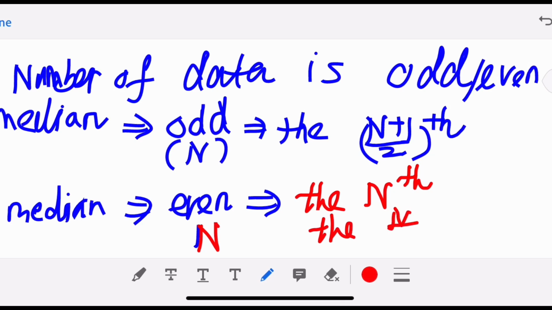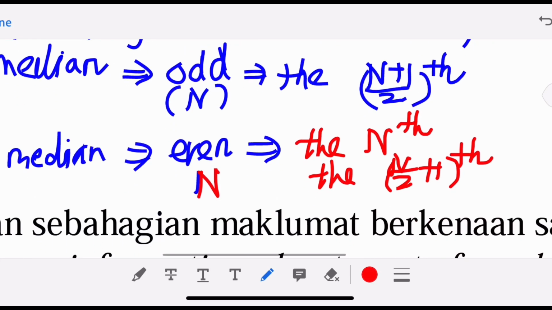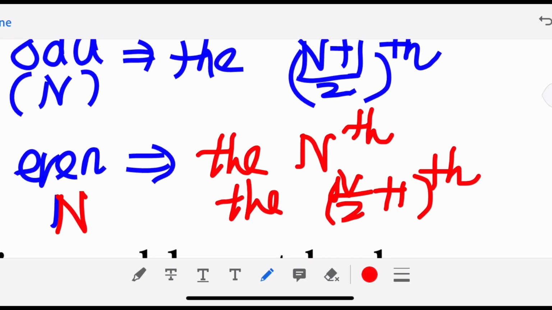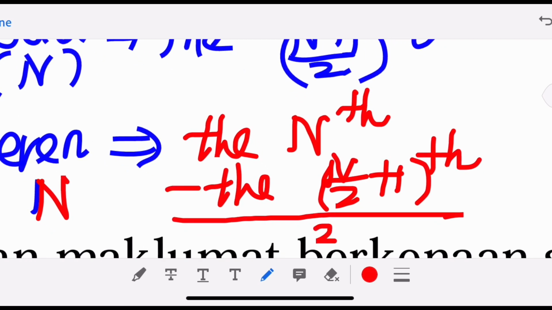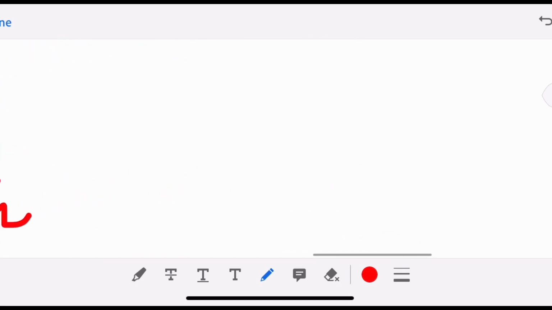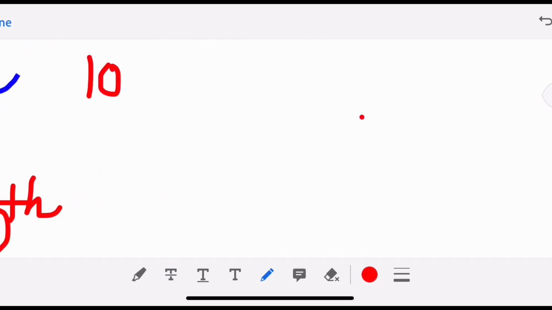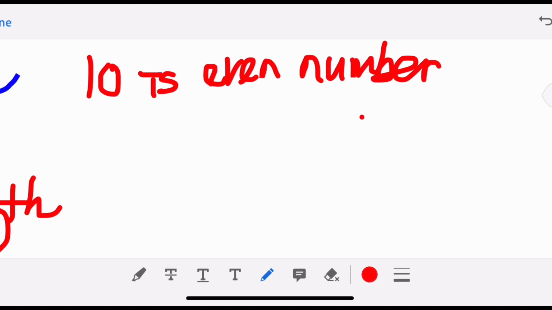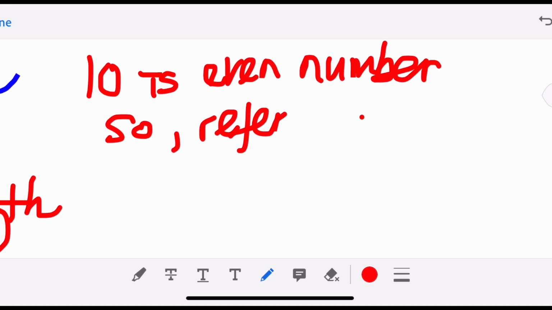On top of that, besides finding the n over 2 term, which is the fifth term, you also have to add 1, which is the sixth term, and average the fifth and the sixth. So you take the n over 2 th term plus the n over 2 plus 1 th term, and divide by 2. That means you find the average of the two data at the middle, because if it is even you should have two data at the middle. That's how you do it.